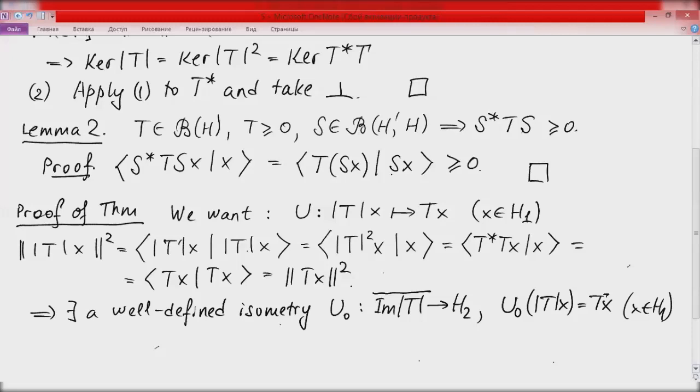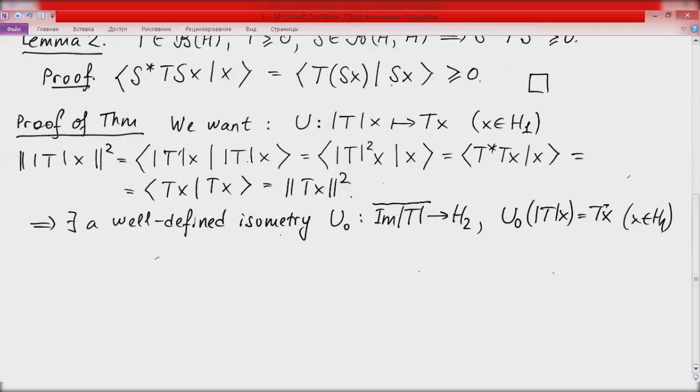And so now we extend it to the whole H1 in the following way. We now define an operator U from H1 to H2 by the following rule.